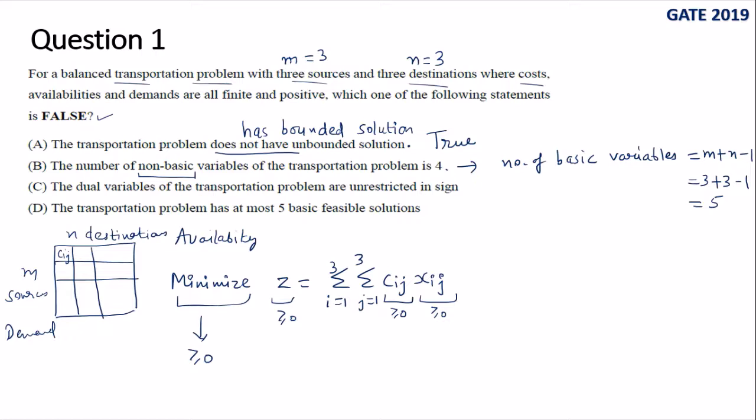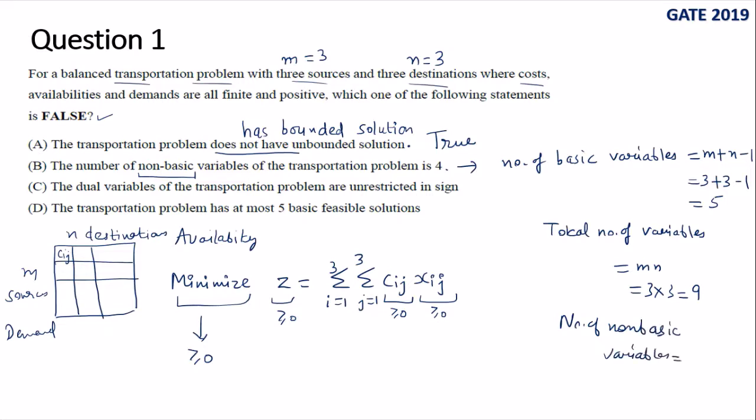For that we need to know the total number of variables. The total number of variables is m into n, which is 3 into 3, which is 9. So obviously the number of non-basic variables turns out to be 9 minus 5, which is 4, because this is the total, this is the basic, so the non-basic is the difference of the two, which is 4. So that means this part is also true.